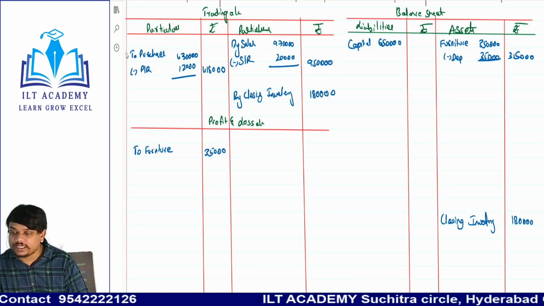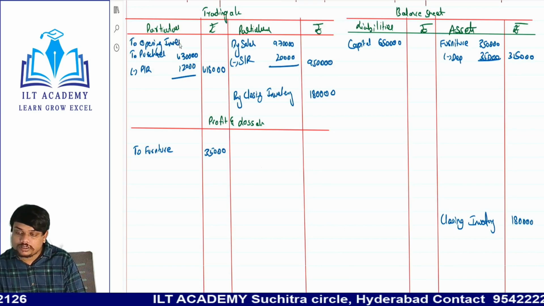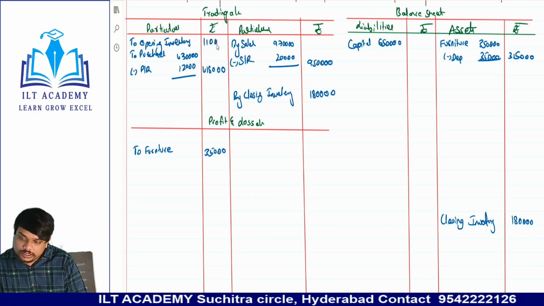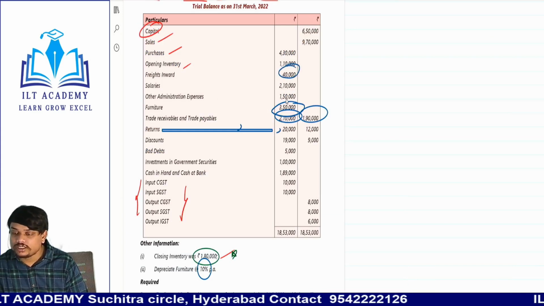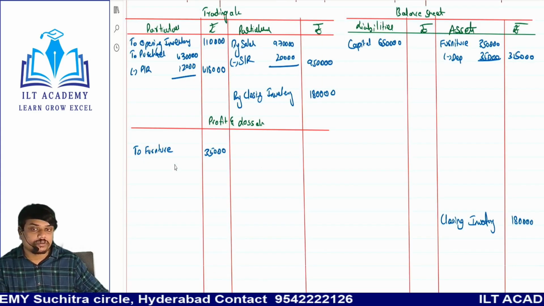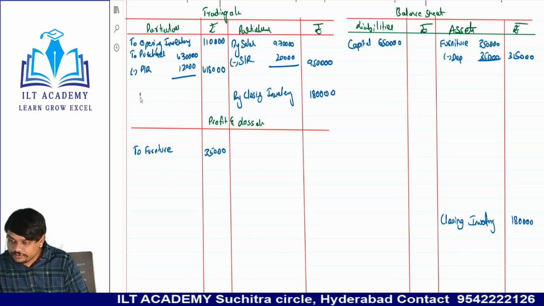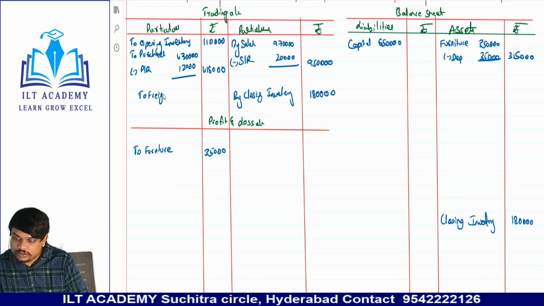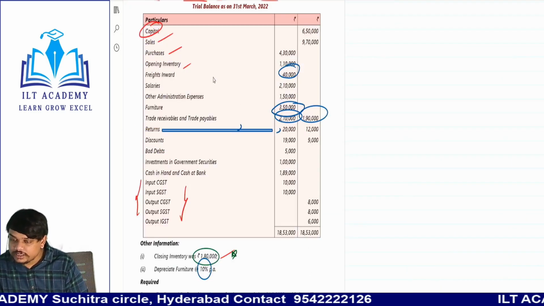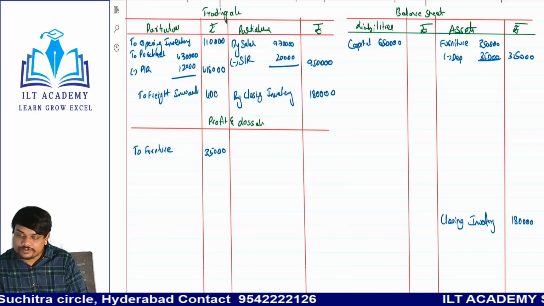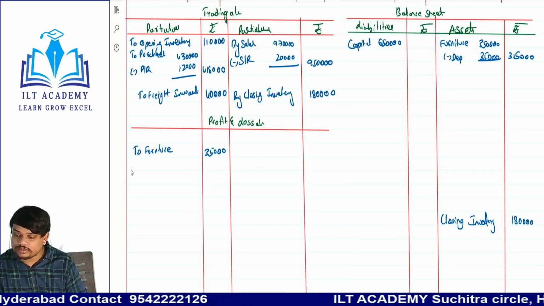Opening inventory is 1,10,000. Next freight inwards 40,000. So freight will come in which account, my trading account or P&L account? Freight inwards are 40,000. After this we are having salaries 2,10,000.